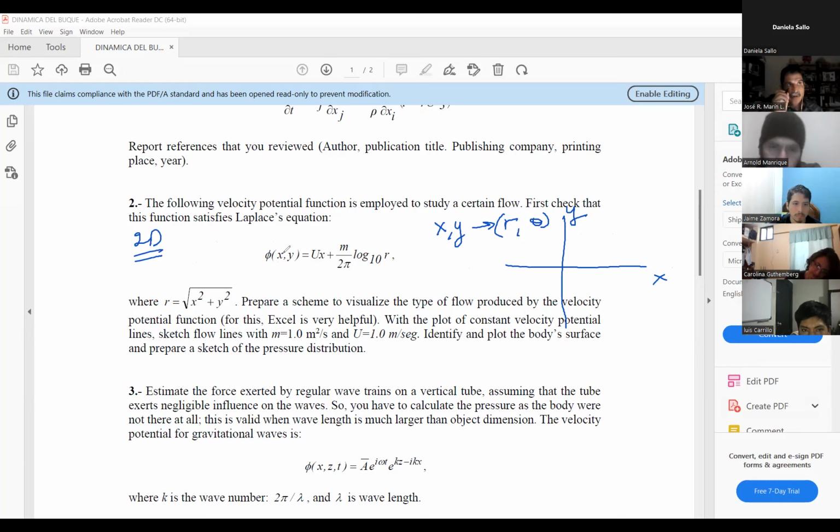I'm going to draw a curve on which the value of phi is constant. So I have a value for phi, and I fix the value of theta. This is fixed. And then, with these two, I try to find R.